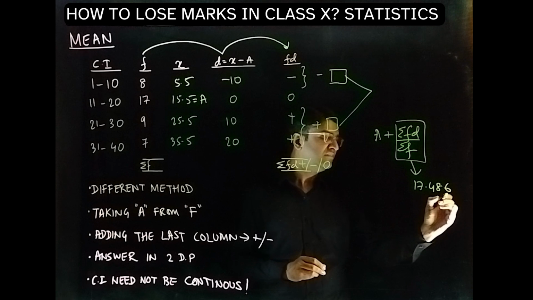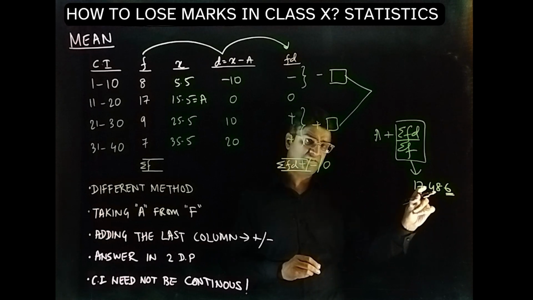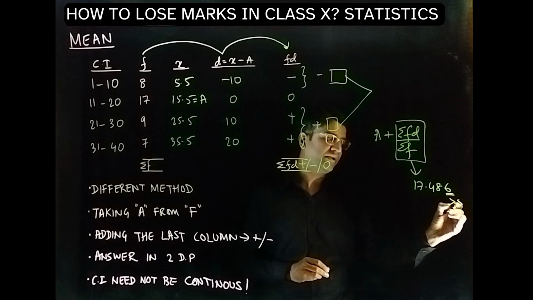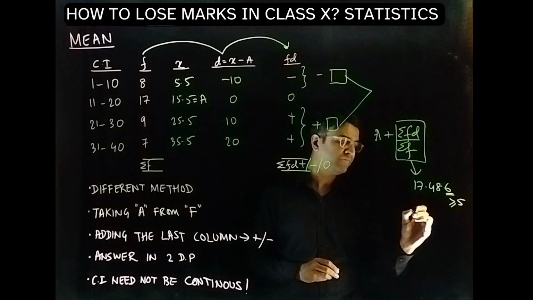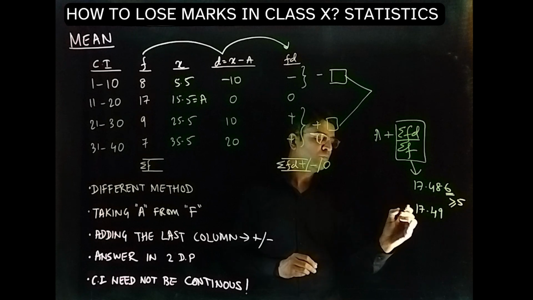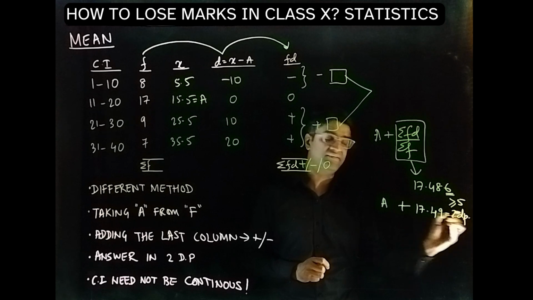Now here, this digit, that is the third digit to the right of the decimal, is more than 5. If this digit is more than or equal to 5, this immediately will become 17.49 and you will add up with the assumed mean to get the answer in two decimal place.